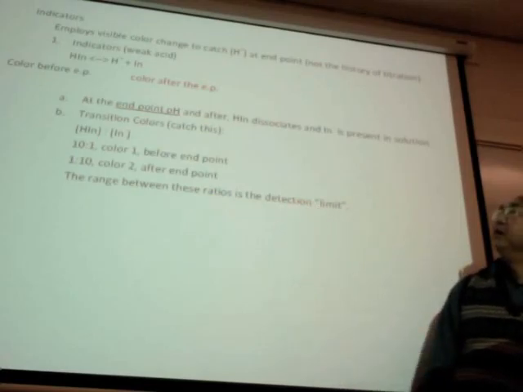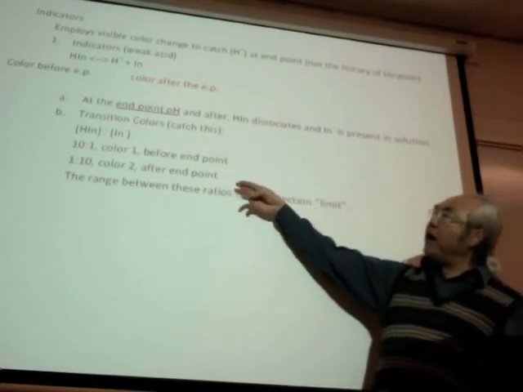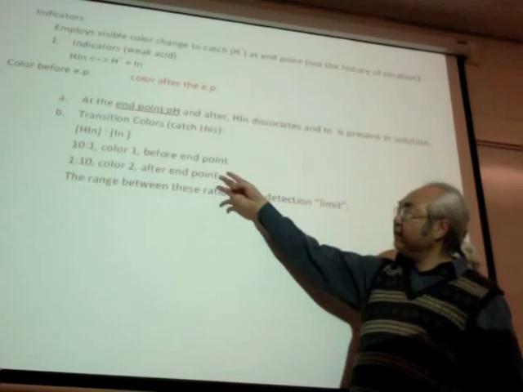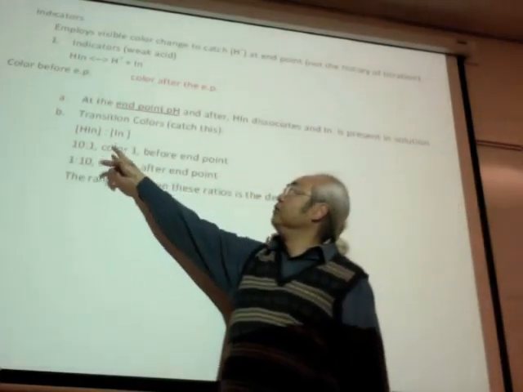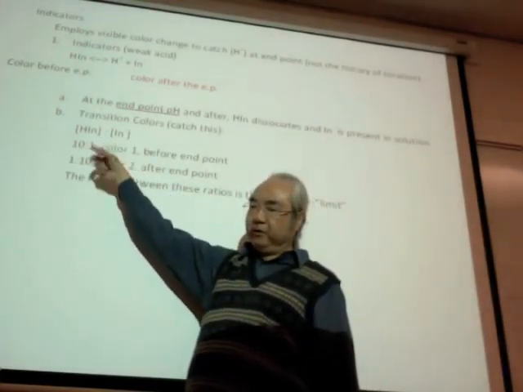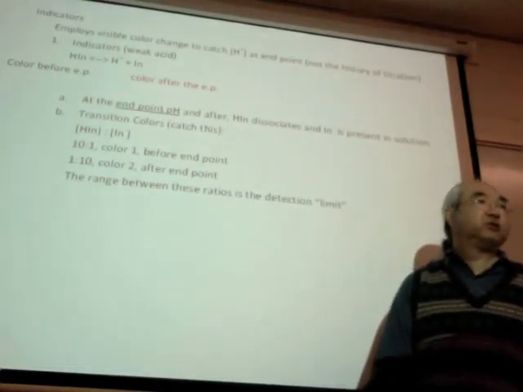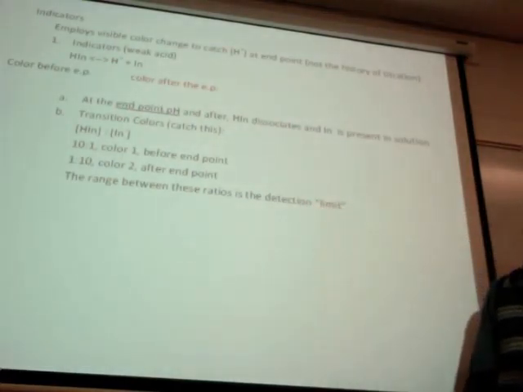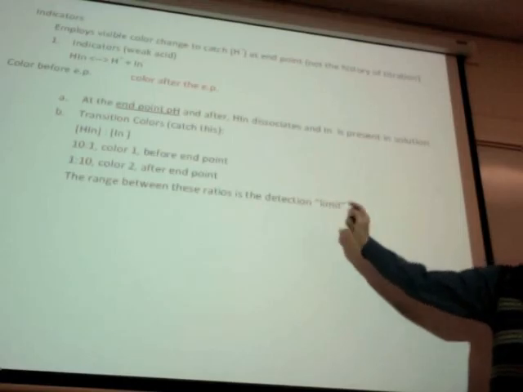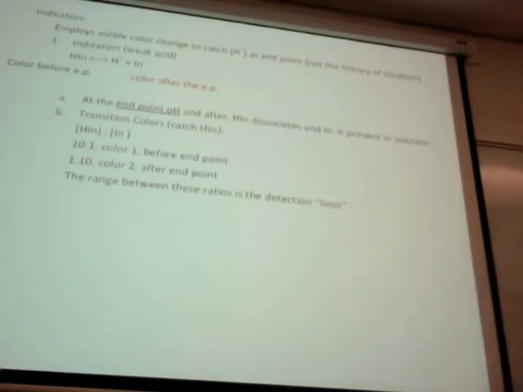That would be your detection limit, requiring your indicator to allow the 10 to 1, 1 to 10 ratio. We can mathematically derive the detection limit, so let's look at that. That becomes a requirement for a successful indicator.